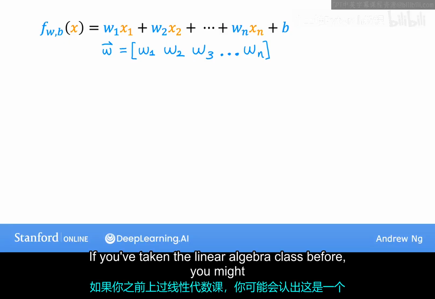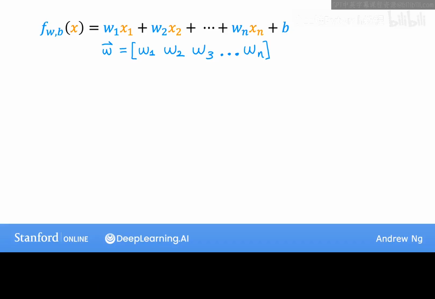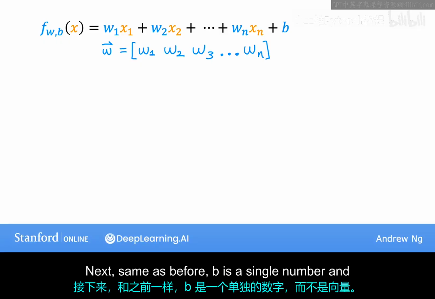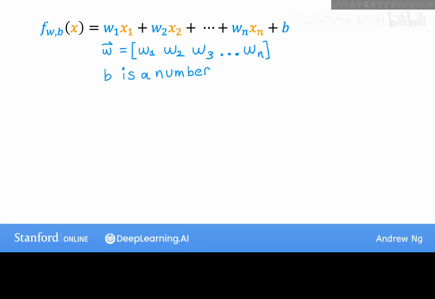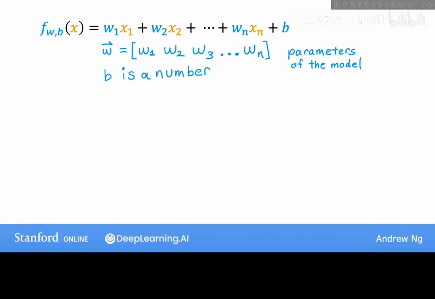If you've taken a linear algebra class before, you might recognize that this is a row vector as opposed to a column vector. But if you don't know what those terms mean, you don't need to worry about it. Next, same as before, B is a single number, not a vector. And so this vector W together with this number B are the parameters of the model.